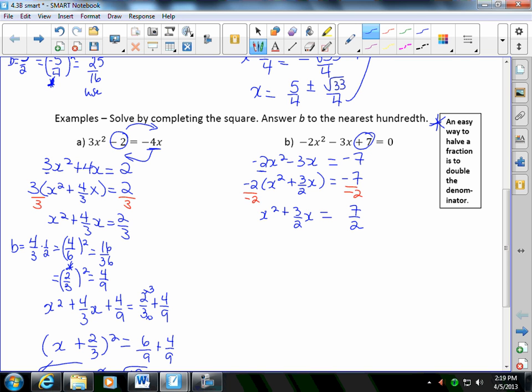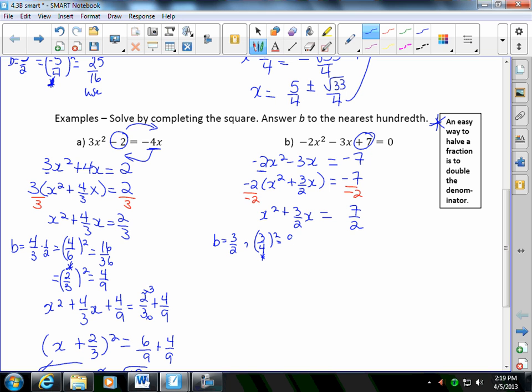So my b value is 3 over 2. Taking half of that is just doubling the denominator, so this becomes 3 over 4. That's my keep value.